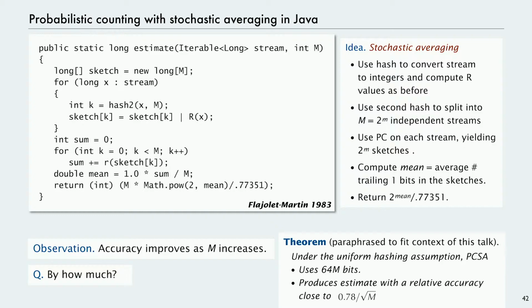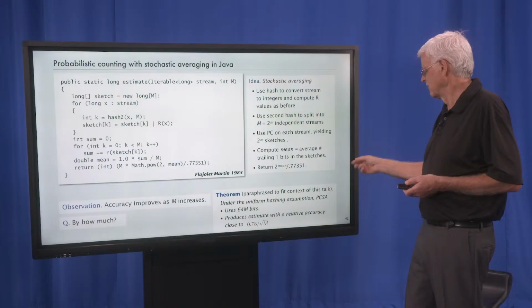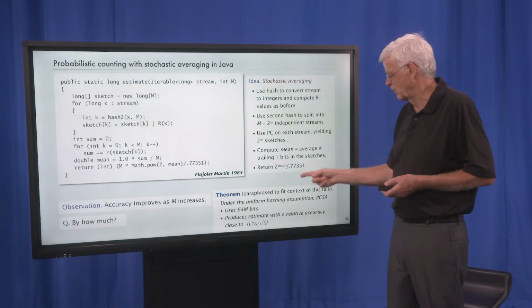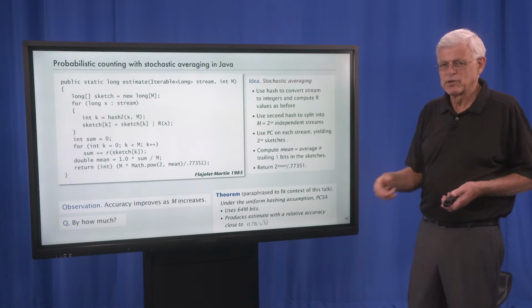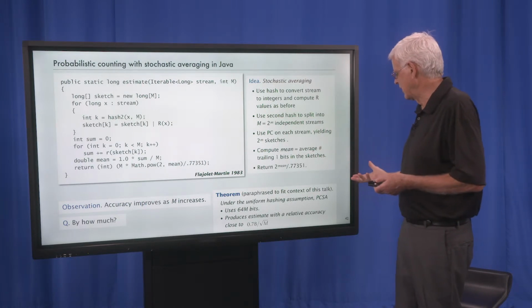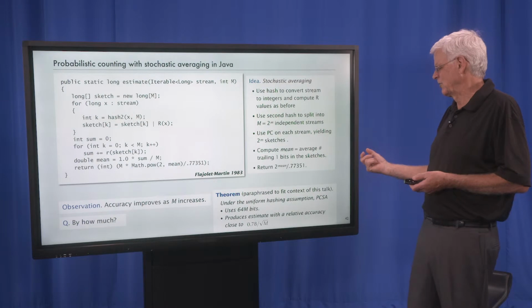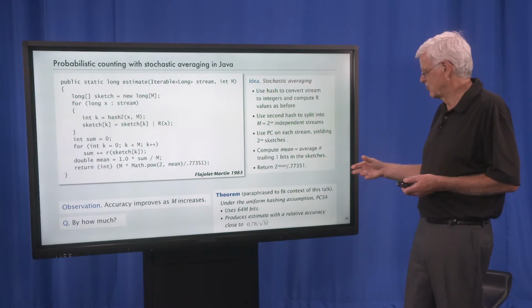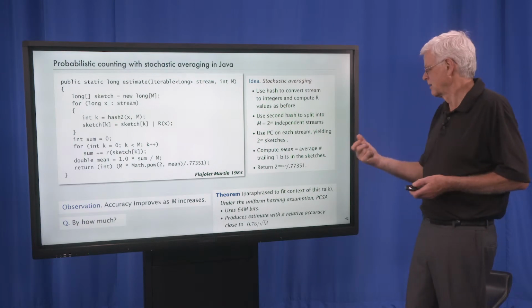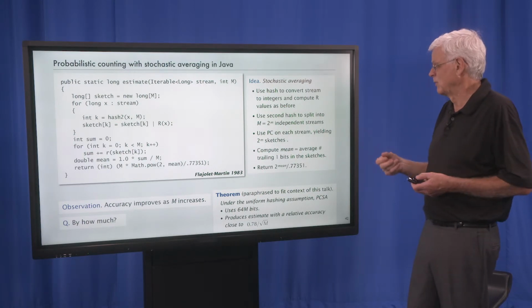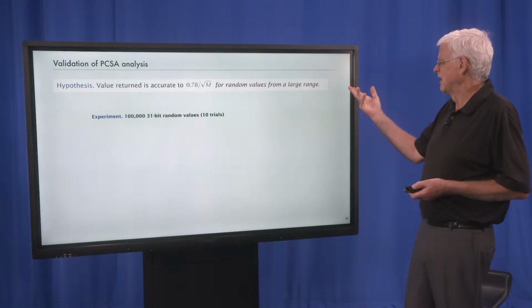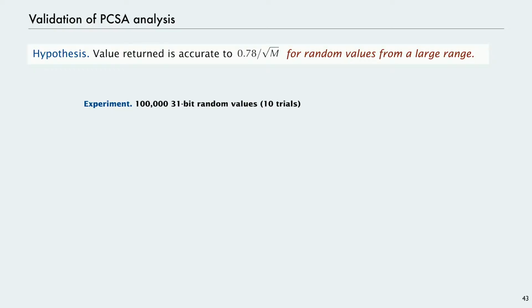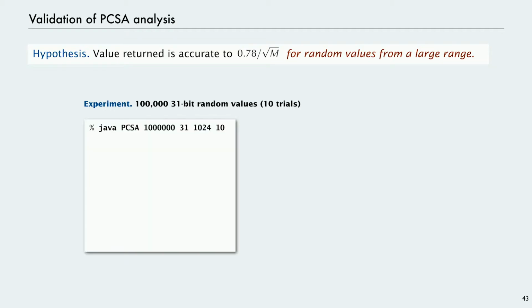That's for the different, if there's M streams, 64 for each one. And it produces an estimate of the cardinality count with a relative accuracy close to 0.78 over square root of M. As M increases, it gets more and more close to the actual value. So that's our hypothesis, that the value is accurate to 0.78 over square root of M.